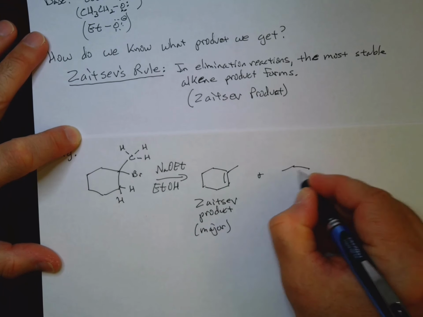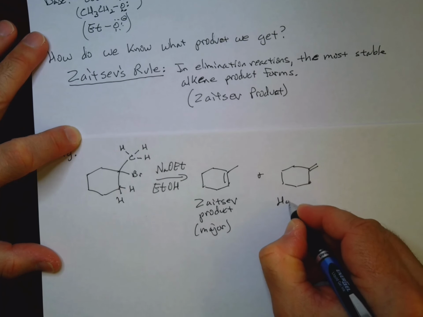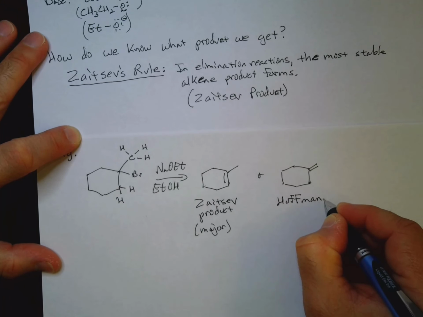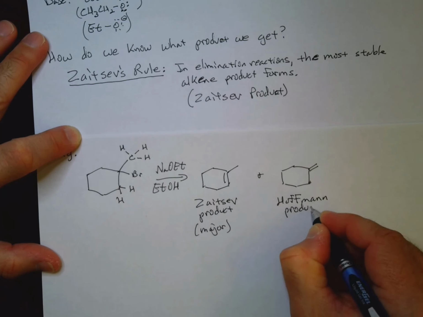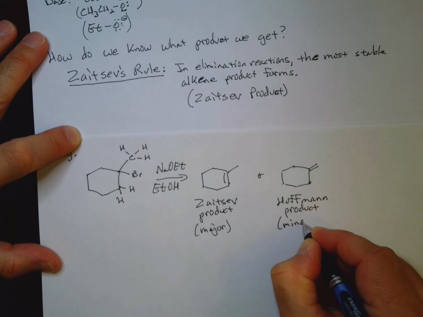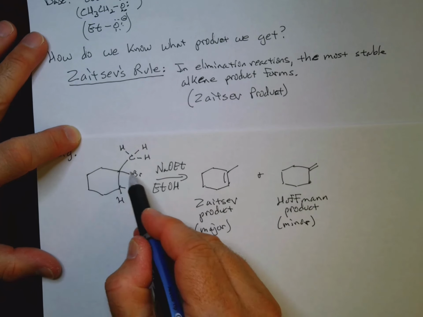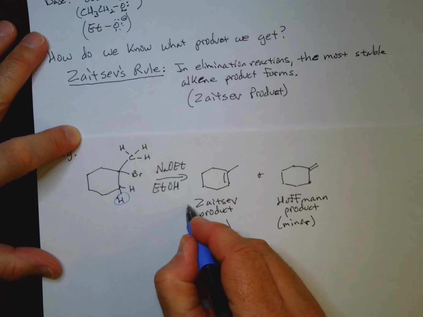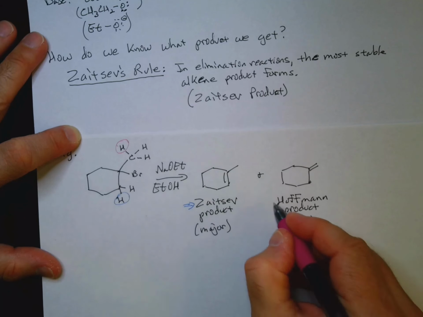But then we'd also get as a minor product the Hofmann product. I always forget how many F's and M's there are in Hofmann, but we'll go with 2 of each for now. Now notice that removing one of these hydrogens gives Zaitsev, and removing one of these hydrogens gives Hofmann.